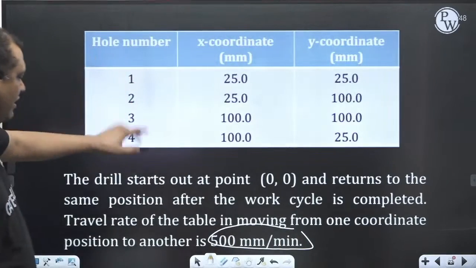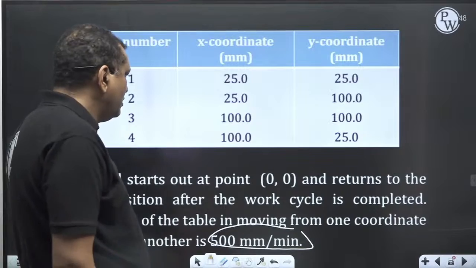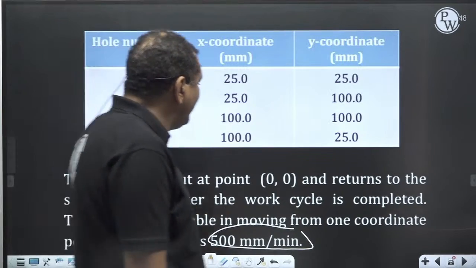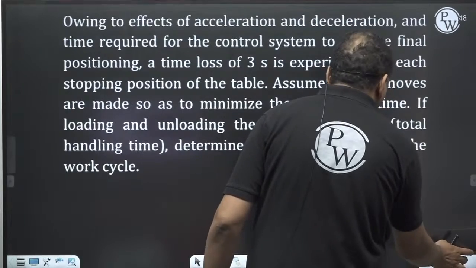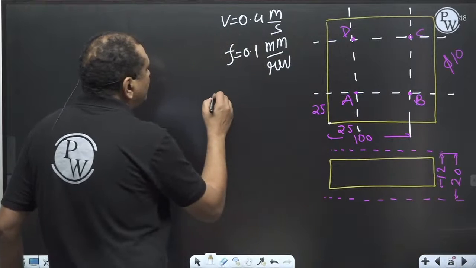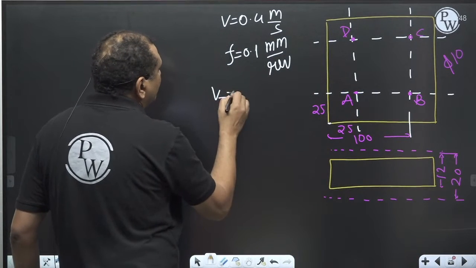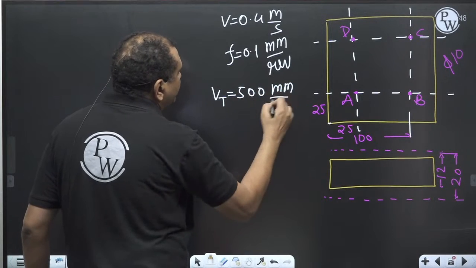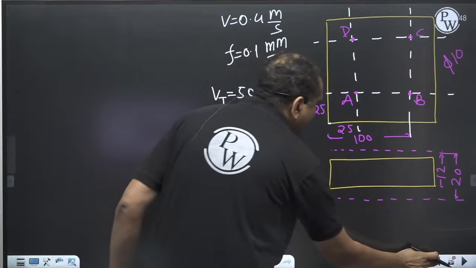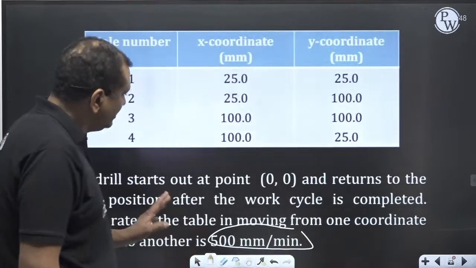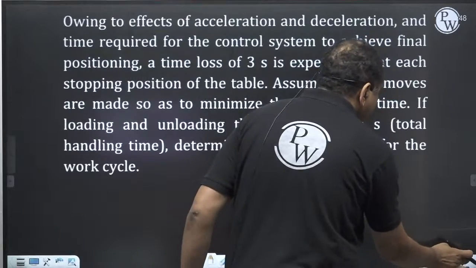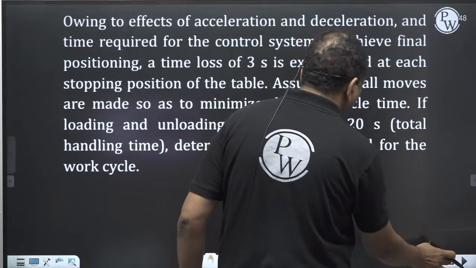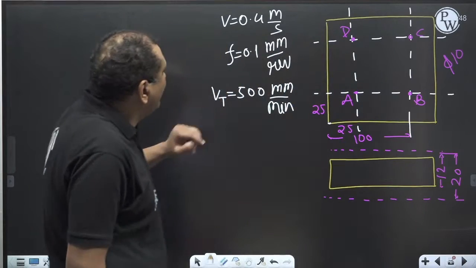The travel rate of the table movement, that velocity of table is 500 millimeters per minute. What is this velocity?